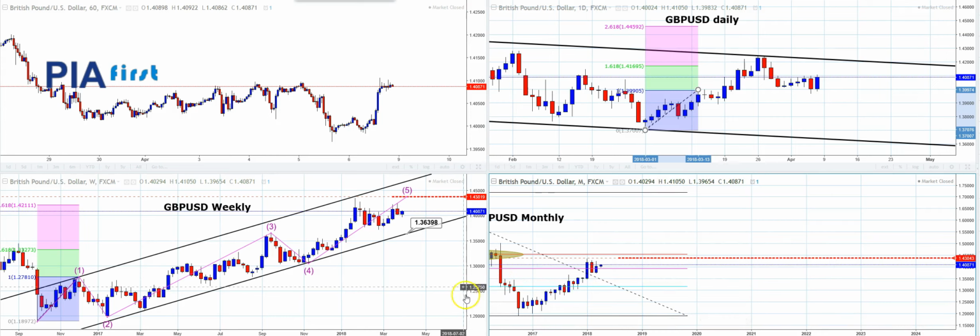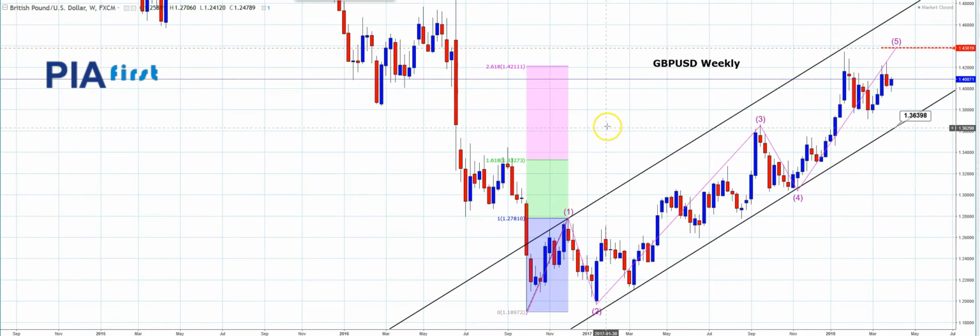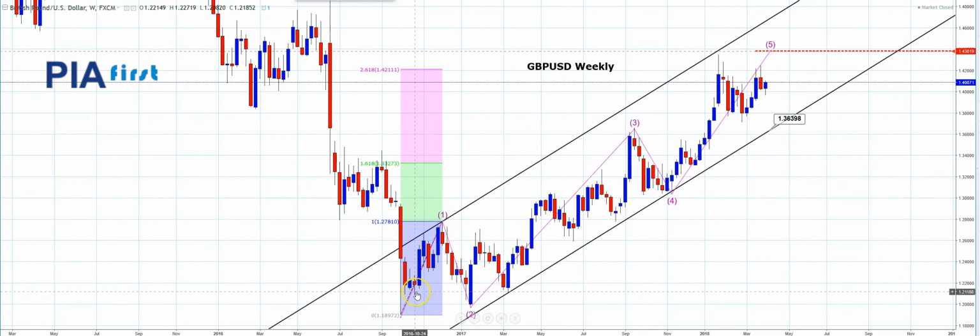Now, if we break down to the weekly chart, here we can see that we've got a potential completed Elliott wave formation. So this being the first wave to 100% retracement, down in 2, up in 3, down in 4, close to the 161.8% extension, and then this rally up to 142.11.